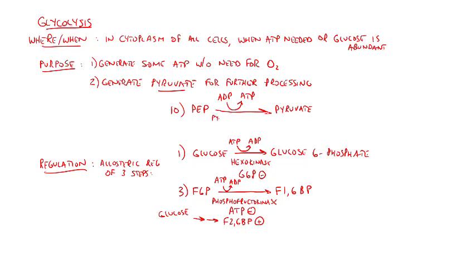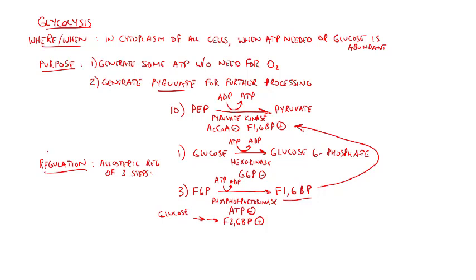The enzyme is called pyruvate kinase. Pyruvate kinase is inhibited by acetyl coenzyme A, and it's activated by fructose 1,6-bisphosphate. Fructose 1,6-bisphosphate is the product of reaction 3, so it activates reaction 10.